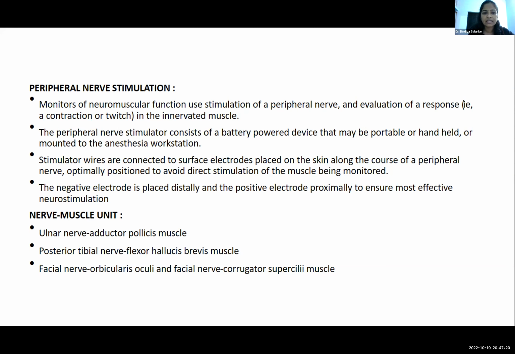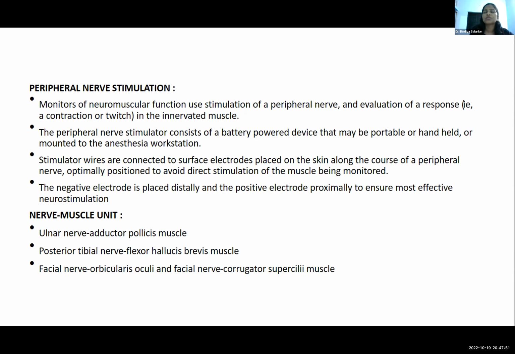Stimulator wires are connected to surface electrodes placed on the skin, or needle electrodes can also be used, along the course of the peripheral nerve and optimally positioned to avoid direct stimulation of the muscle being monitored. The negative electrode is placed distally and the positive electrode proximally to ensure the most effective neurotransmission. While applying the electrodes, the skin should be thoroughly cleaned and the distance between the centers of the two electrodes should be at least 3 to 6 centimeters.